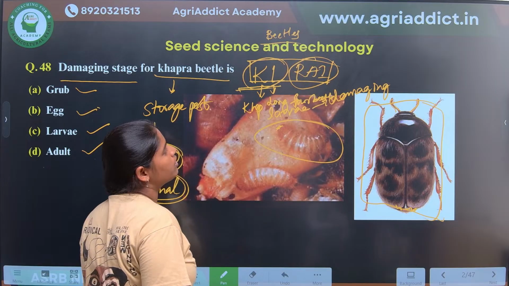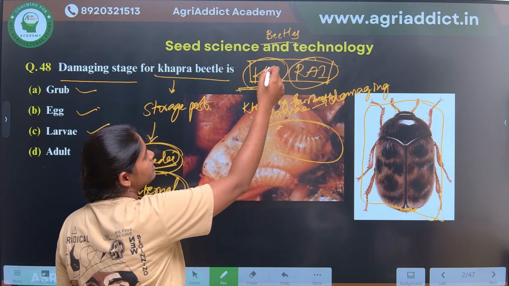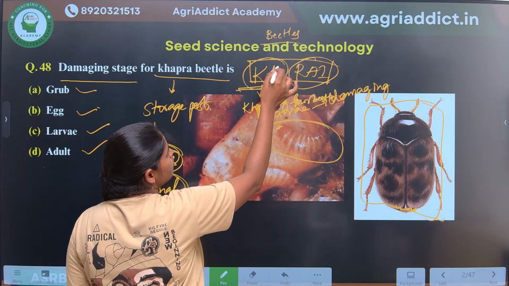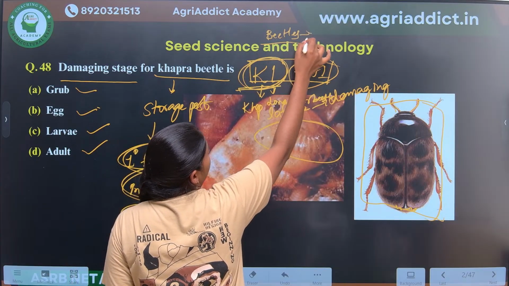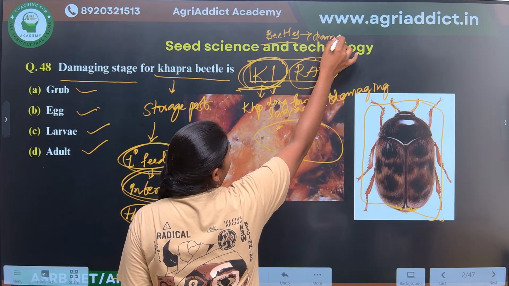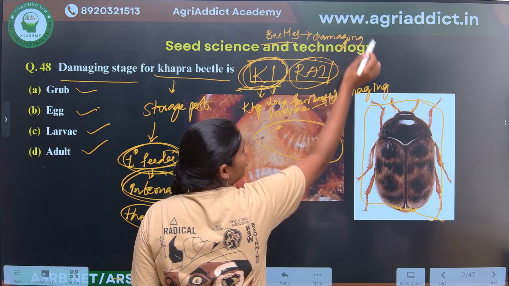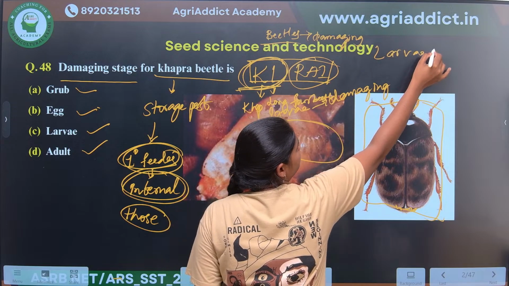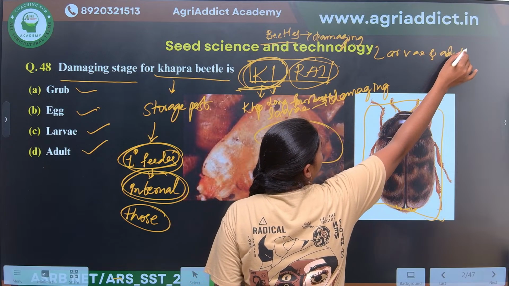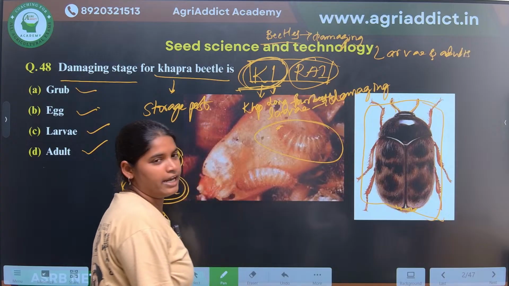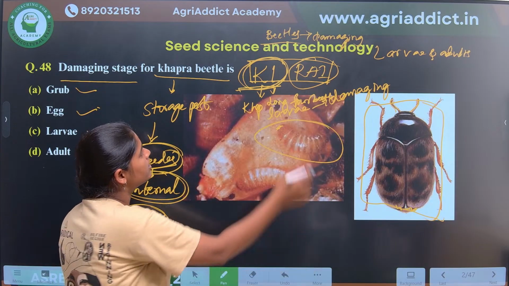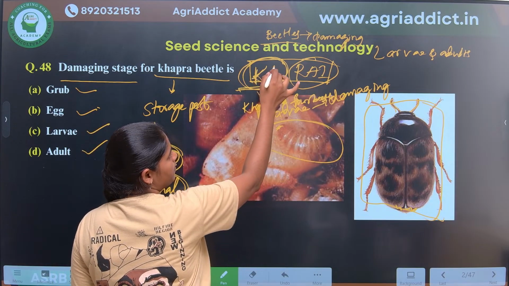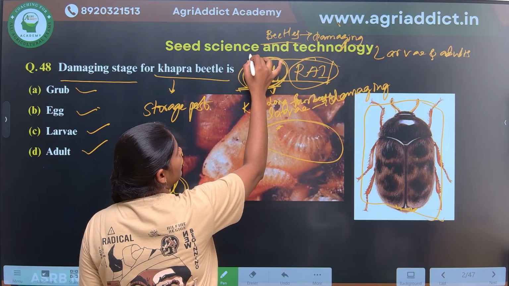As you know, saw-toothed beetle, red floor beetles and all. Among those beetles, only these two beetles, the damaging stage is larvae. For all other beetles, the damaging stage is larvae and adults. But for these two, that is Capra beetle and long floor, it is only larvae.